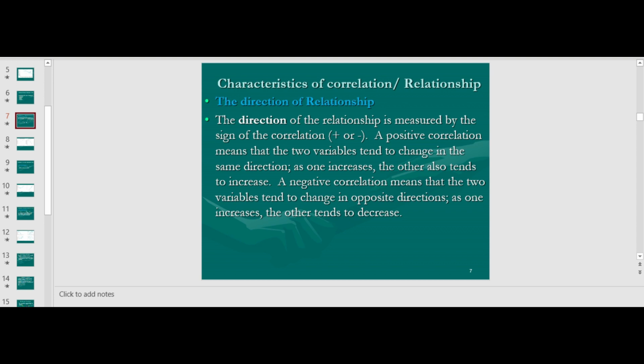A negative correlation means that two variables tend to change in opposite directions. As one increases, the other tends to decrease. As the x variable increases, the y variable decreases. That is, it is an inverse relationship.